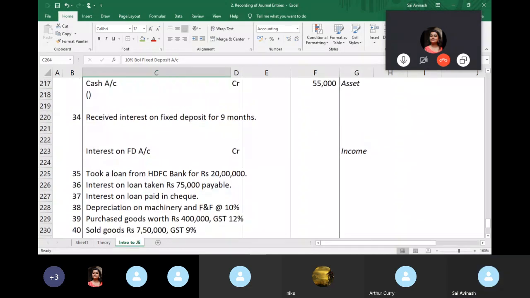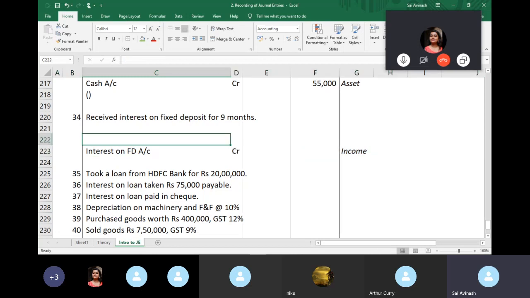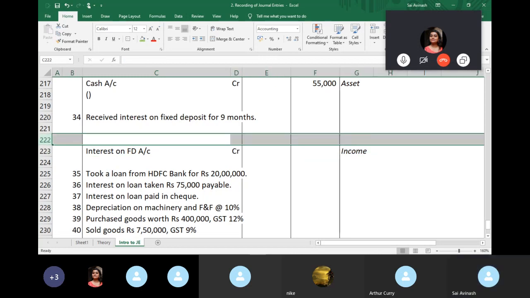However, when I'm receiving income, I don't need to worry about where I'm receiving it from, right? All I'm worried about is that this interest is something I'm receiving from a fixed deposit. I'm not going to look at the interest rate or where I'm going to get it from. That information I will know from my debit.